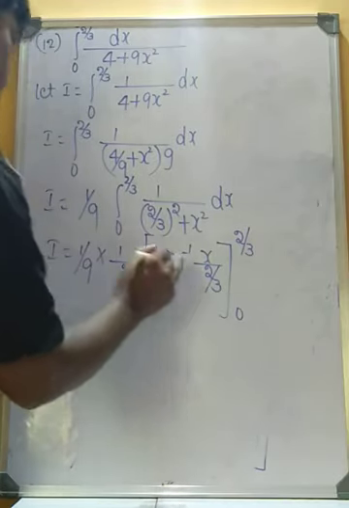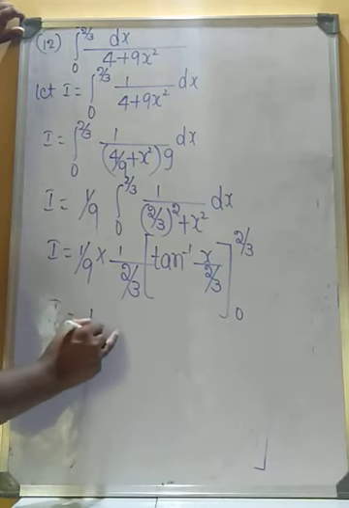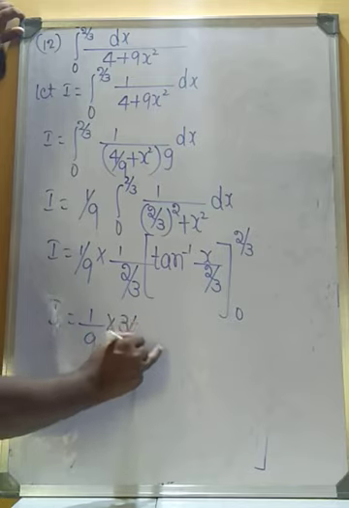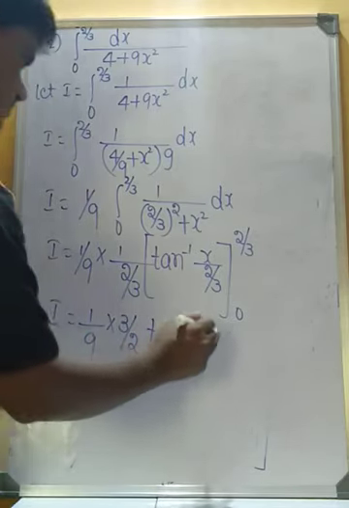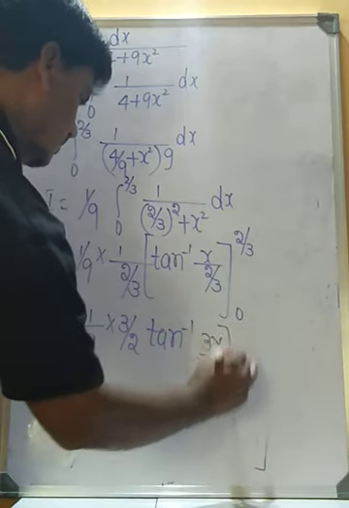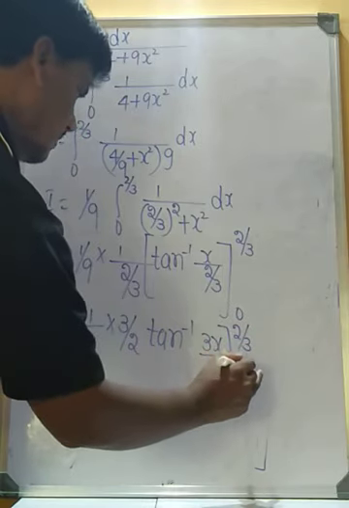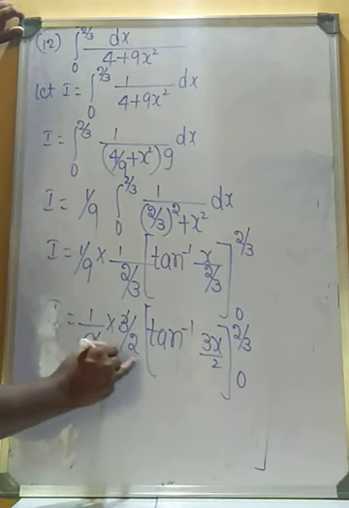Lower limit is 0. Therefore I equals 1 by 9 into 3 by 2 tan inverse of 3x divided by 2. Upper limit 2 by 3, lower limit 0. 3 ones are 3, 3 threes are 9.